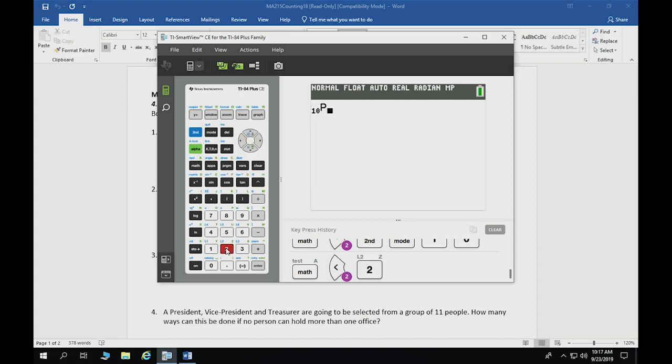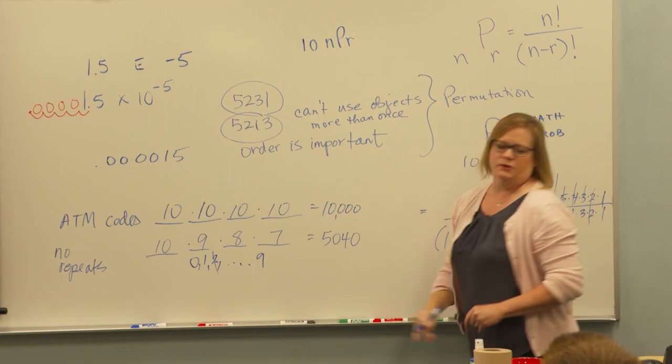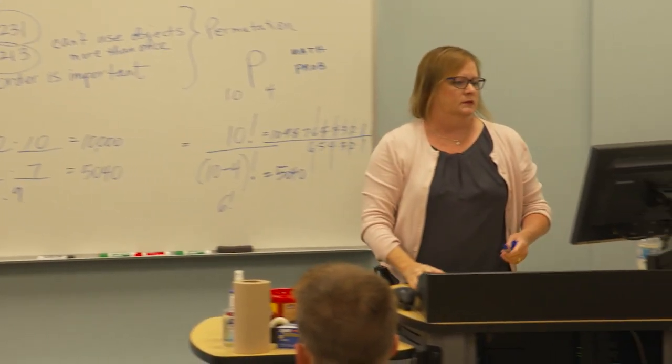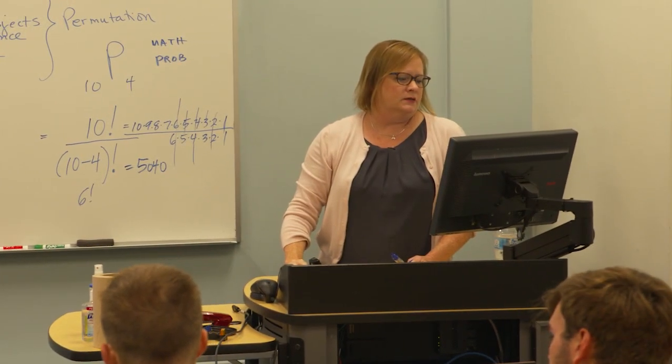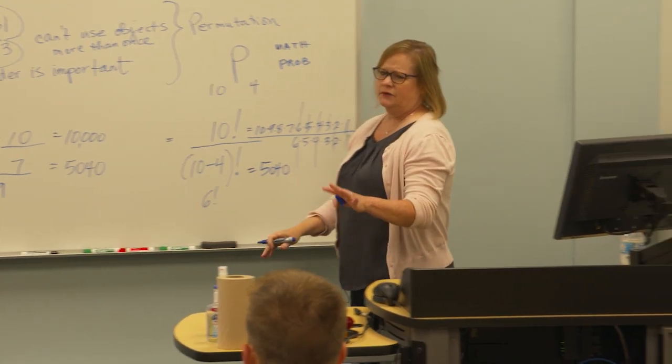Now, if you have a newer calculator, it's going to do this. But the older one, it'll just say 10, and then what's it say, nPr? Yep. Some of them have the ability to make it subscript, and some don't. But either way, you just type in the second number, and then hit enter. Any calculator problems there?